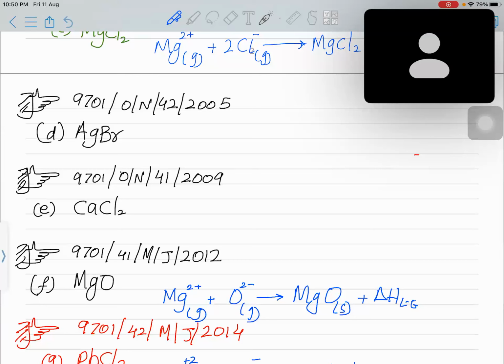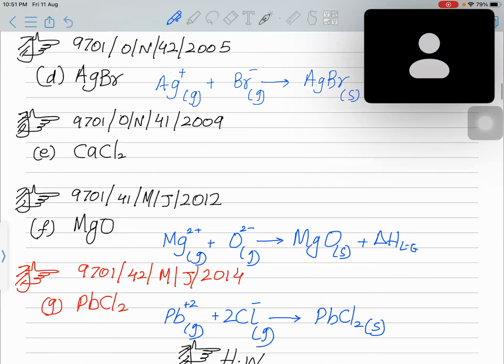Here we have an ionic solid. First of all, write the cation in gaseous state, then write the Br- gaseous and join together to form the ionic solid. Energy is released. This energy is called lattice energy.